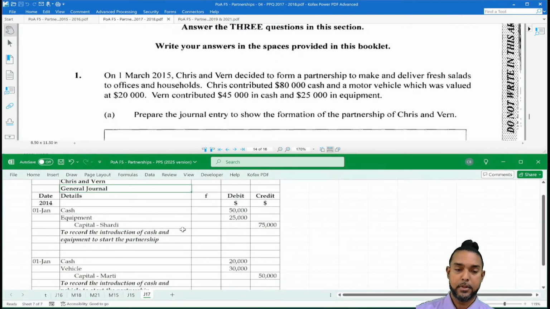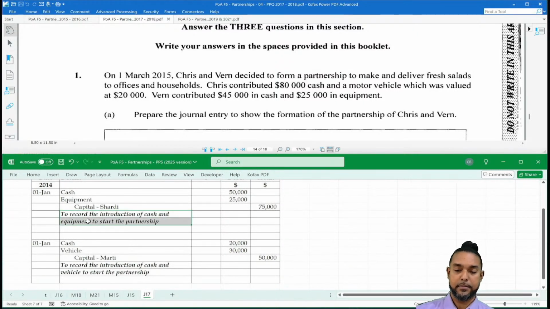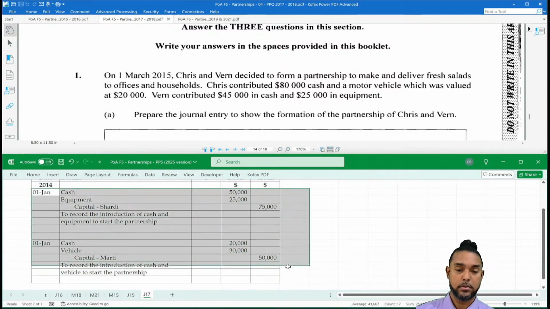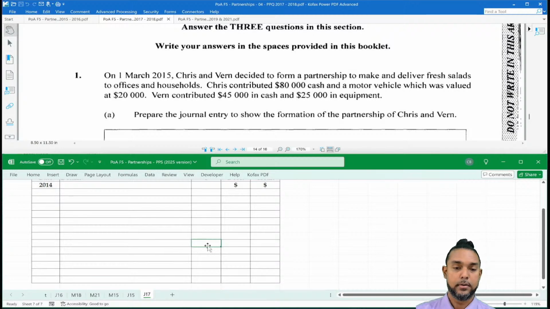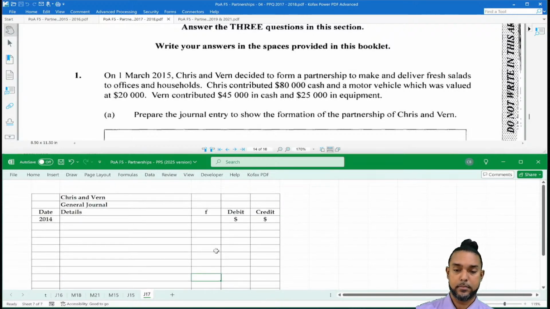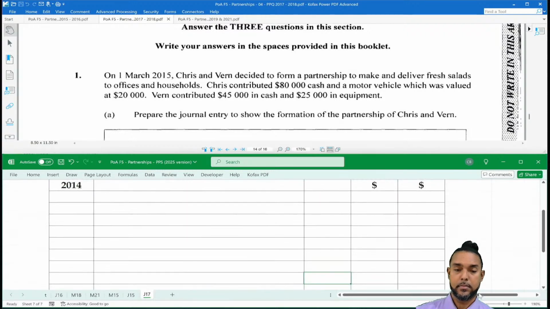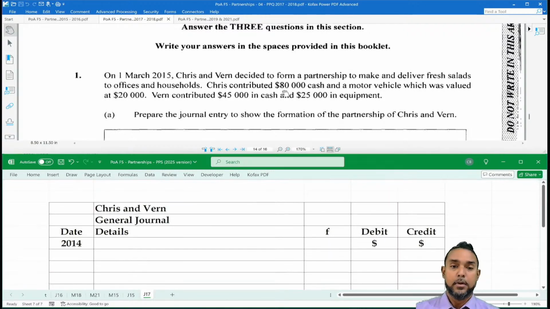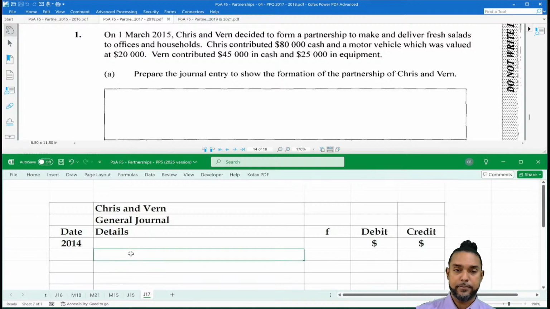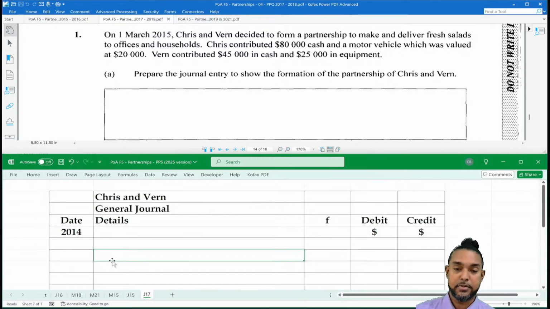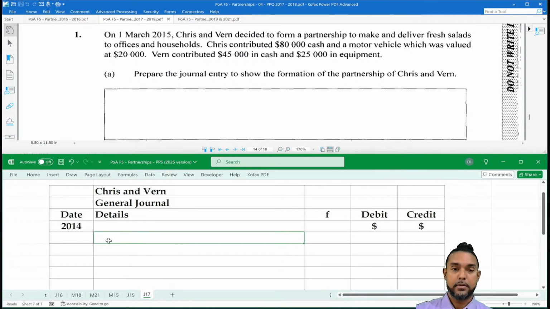A little bit more. Let me clear out this stuff one time. Okay, so for now you can do Chris first, you can do Vern first, doesn't matter. Right? So I'm going to show you something here.